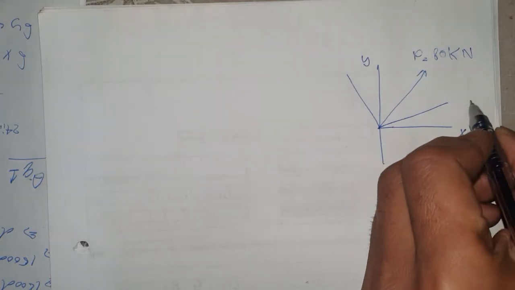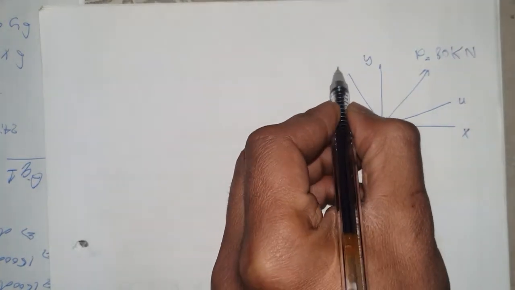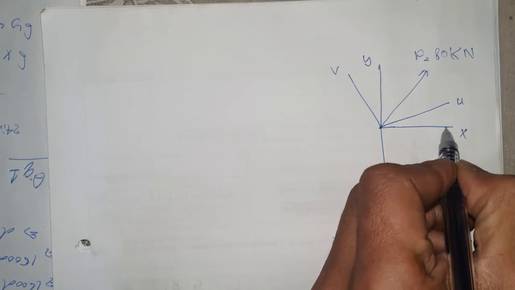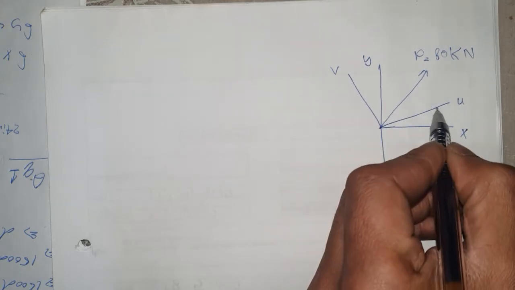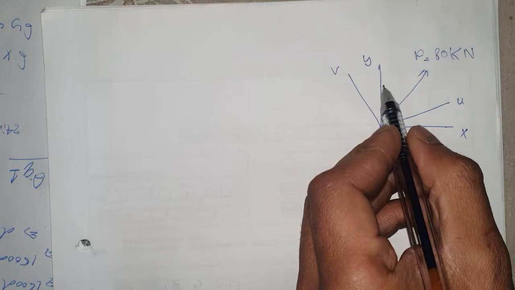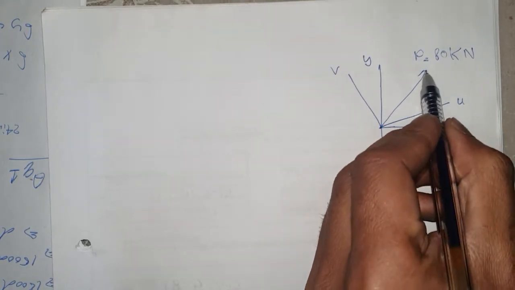We name these u and v. This is x, y, u, v. U is instead of x and v is instead of y. We have the force 80.